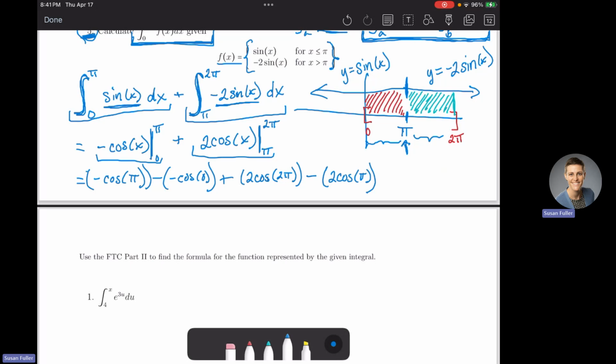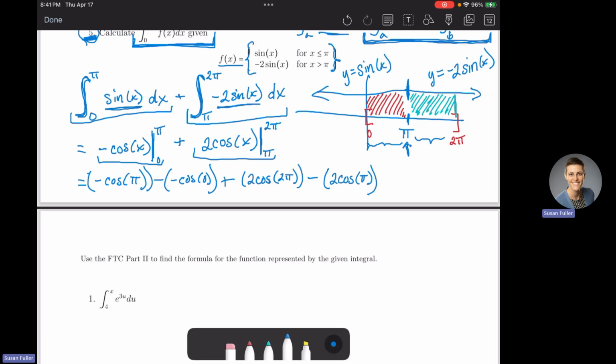And now we just have to use the unit circle for this. Okay, so pi, just do a quick unit circle over here. Pi is over here, which is going to be -1, 0.